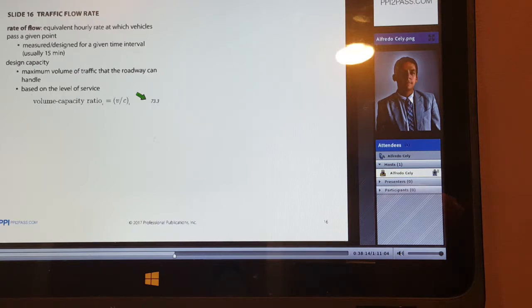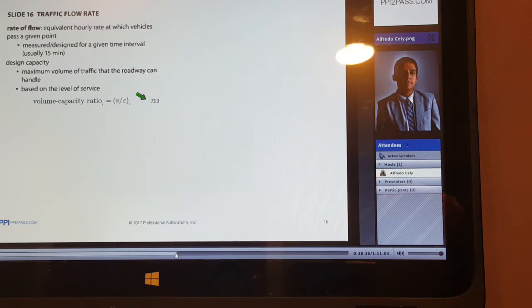Now, the subscript i in equation 73.3 represents the level of service. So you can have your volume to capacity ratio for a level of service A, B, C, D, E, F. The ideal capacity for freeways is considered to be 2,400 passenger cars per hour per lane.